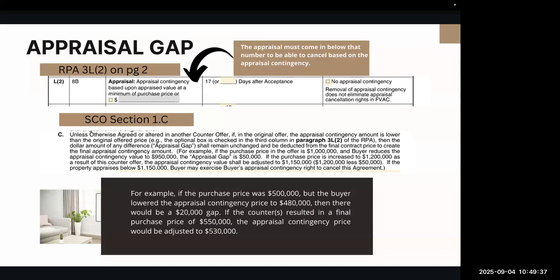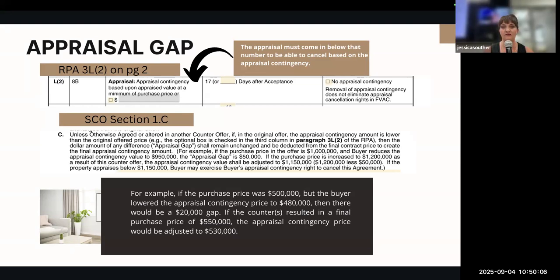So if I'm understanding this correctly, and I think where perhaps some of the confusion might come in is that L2, whatever amount you're putting in there, if that box is checked, is essentially establishing the difference between whatever the purchase price is and the appraisal price. So it's not really setting a minimum purchase price. It's essentially setting a gap minimum. Is that correct? Yes, setting a dollar amount.